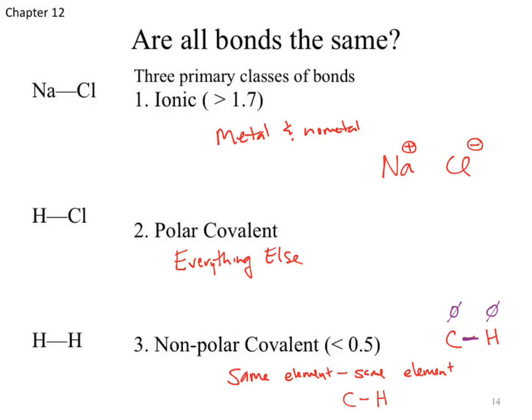Right, if we now look at a polar covalent bond, now what happens? Let's pick O and H. The polar covalent is significantly different from the nonpolar covalent and significantly different from the ionic. If we look at our electronegativities, there's a pretty drastic difference in electronegativity between the oxygen and the hydrogen. So what we'll do is push that to the extreme.